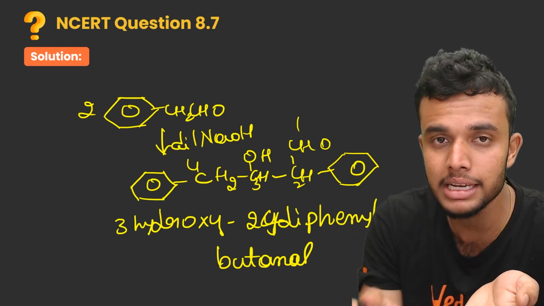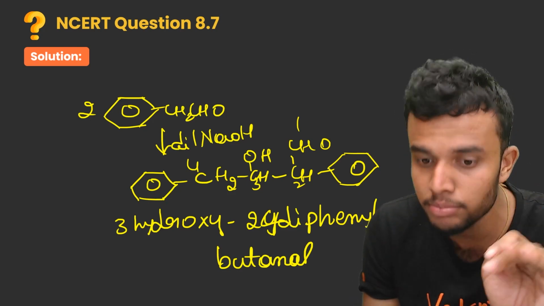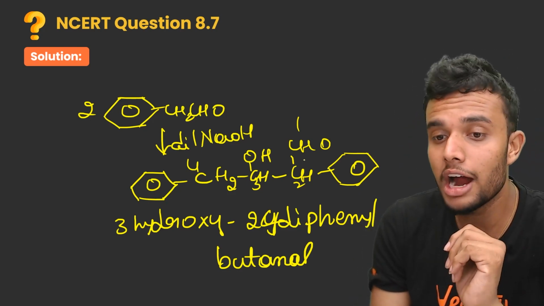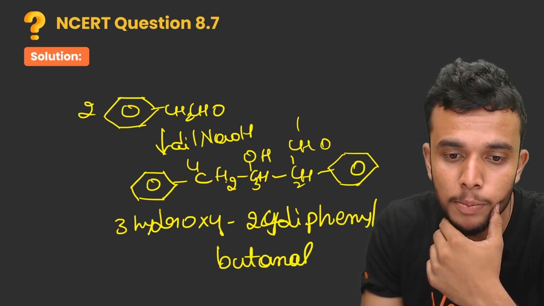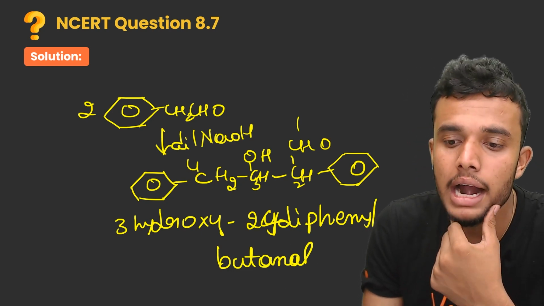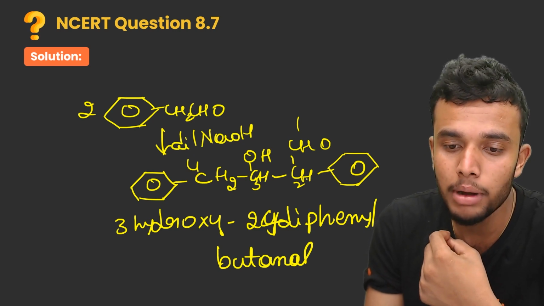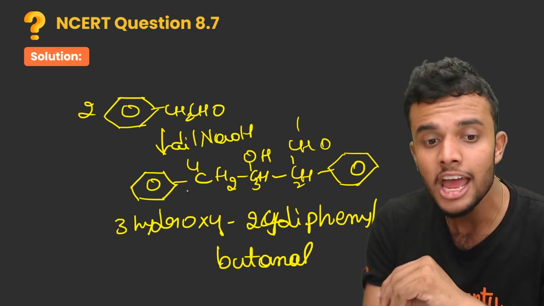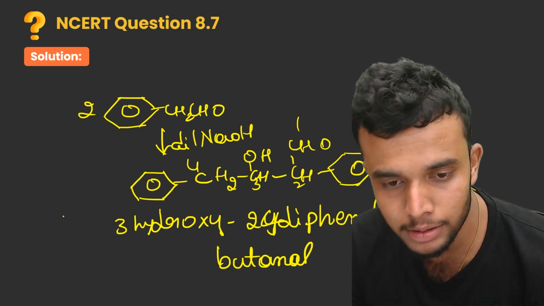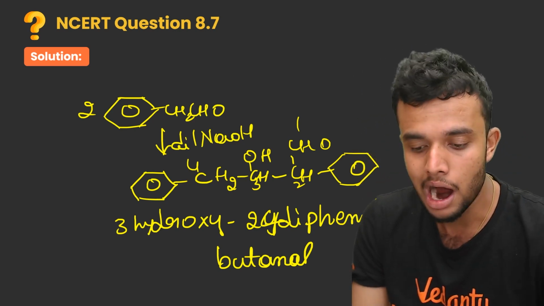The main chain containing 4 carbon atoms is nothing but butane. At first position the aldehyde functional group makes it butanal, and third position the hydroxy group is there, and also at 2 and 4 positions phenyl groups are there, diphenyl. This is about aldol condensation.